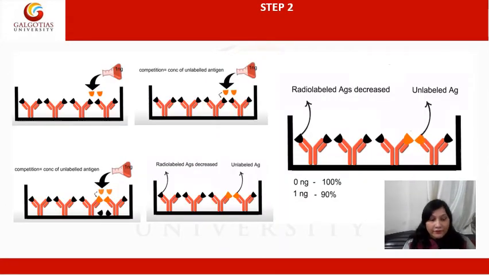Now what we will do is add a 1 nanogram solution of unlabeled antigen to this microtiter plate that has 100% radioactivity. What will happen? This unlabeled antigen will compete with the labeled antigen and will replace it, taking its position on the antibodies, right?